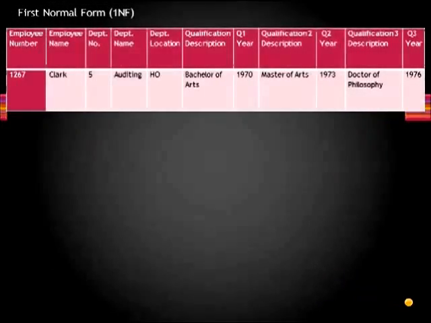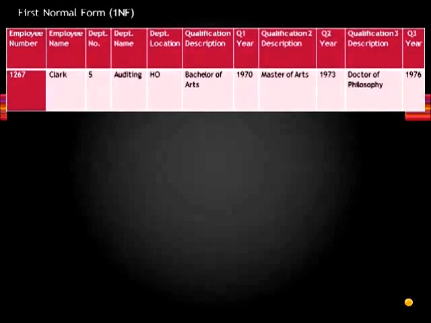How can we normalize this table to the first normal form? Basically, a table is in first normal form if and only if all columns contain only atomic values. It means that each column can have only one value for each row in the table.